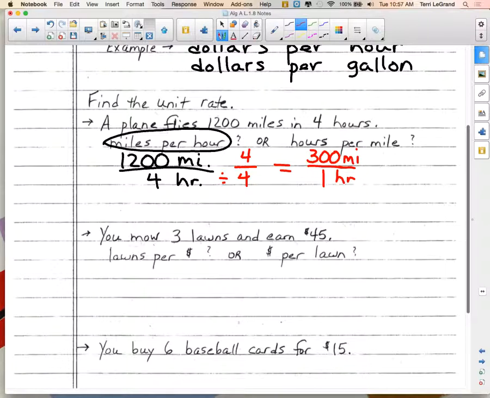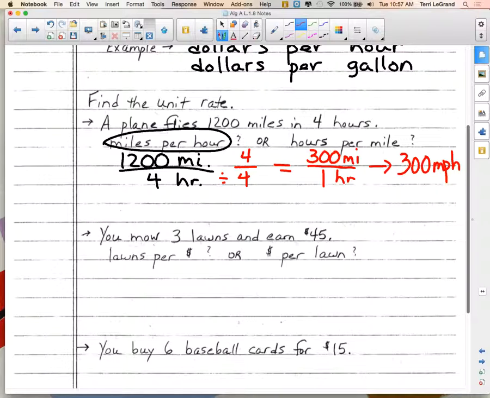So how would we typically see that written? We don't have to keep it over 1. 300 miles per hour. Per hour, there you go. We got to finish what's downstairs.